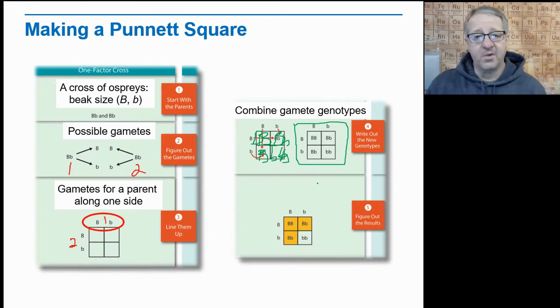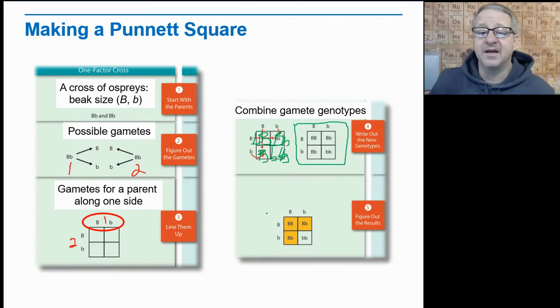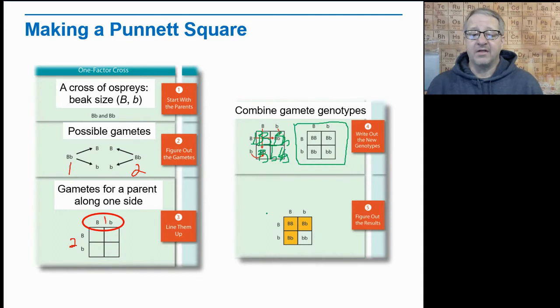Once we have the Punnett square filled in, we can now look at our ratios. So what this tells us is the boxes that have been colored in yellow are the possibilities of having the phenotype of the dominant allele. Okay, because there is a dominant allele in each of those boxes, at least one.